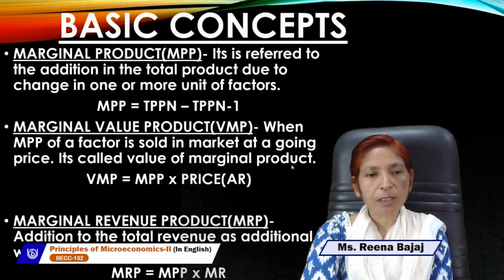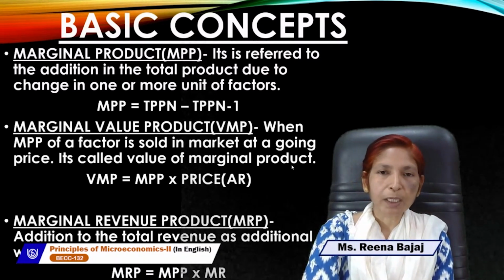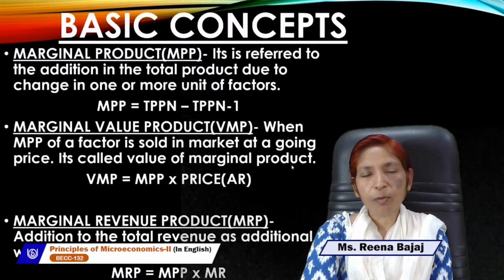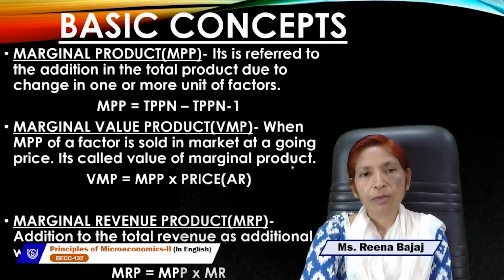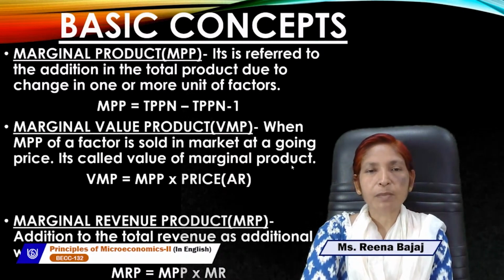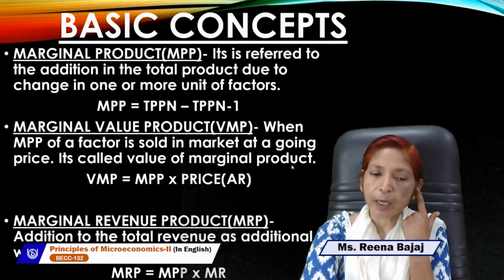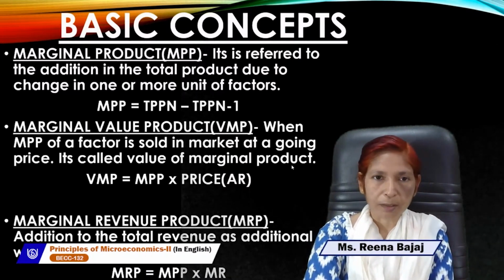Value of marginal product is the price of the factor, which can be calculated by multiplying MPP by price, and marginal revenue product is the addition to the total revenue as an additional worker is engaged. If MPP is multiplied by AR, we get value of marginal product, and if MPP is multiplied by MR, we get marginal revenue product.